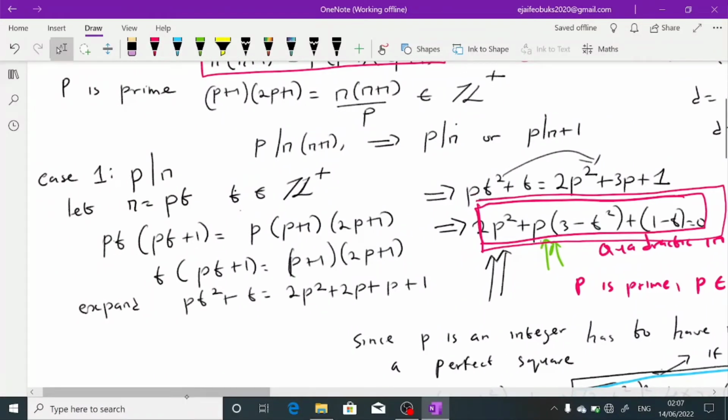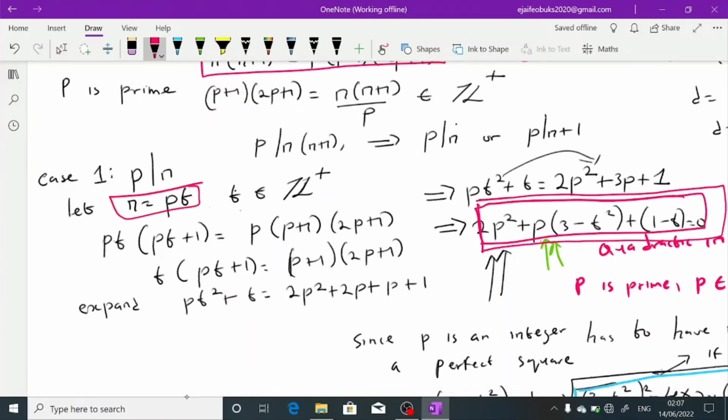We'll be combining this and this. I'm going to map them both out. So let me just write them here. We know t is either equals to 1 or t is equals to 2. So it's either n is equals to p or n is equals to 2p.